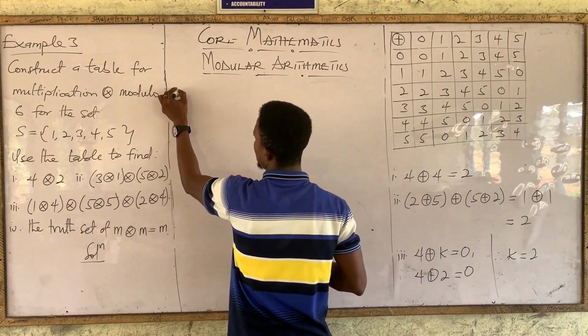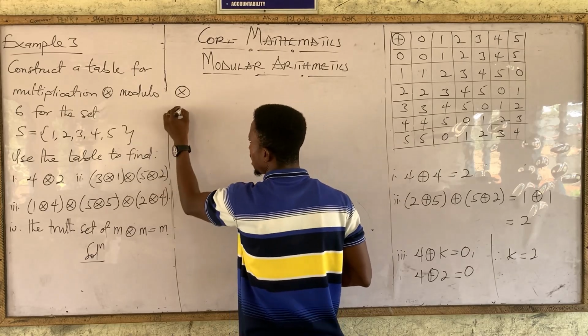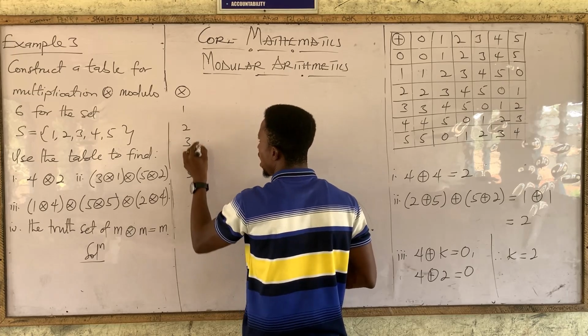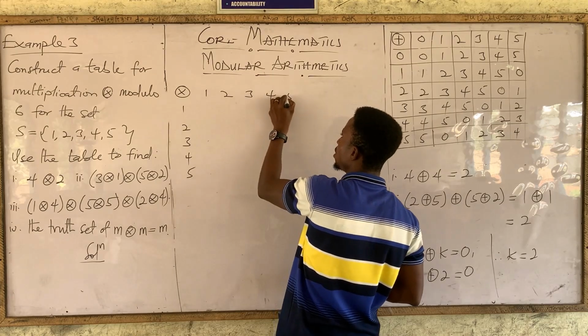We have the multiplication symbol, then I have the set, that is 1, 2, 3, 4, then 5, along the top and along the side.